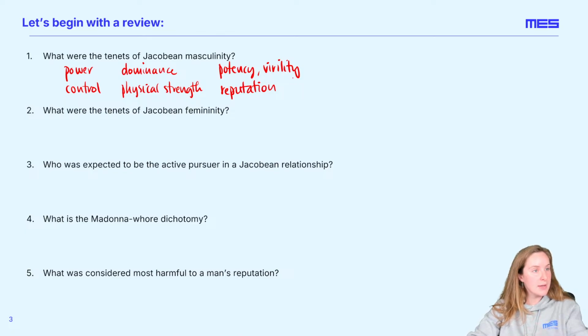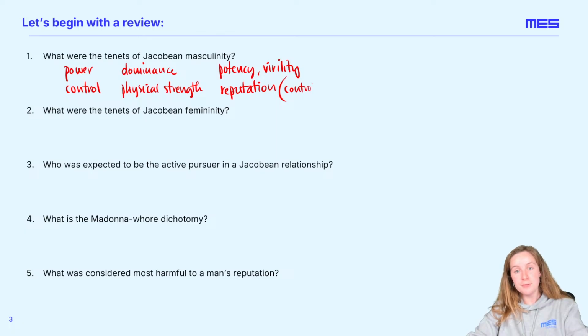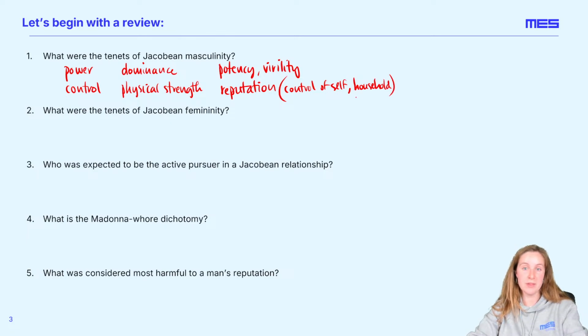And as we've looked at in previous lessons, reputation has to do particularly with control of oneself and control of one's household. So particularly the women within one's household. With this, we also have ideas of heterosexuality here.